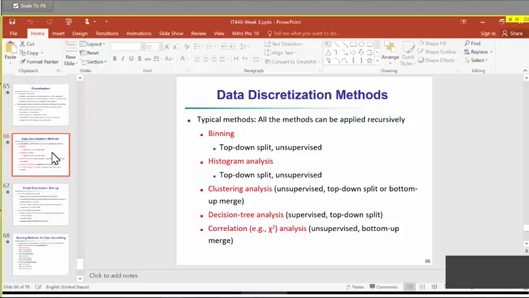Then we have clustering analysis, which is unsupervised, top-down split or bottom-up merge. Then we have decision tree-based analysis, which is supervised, and also top-down split. Then we can have correlation analysis or correlation tests, for example, the chi-square test. This type of discretization method is also unsupervised, and it is a bottom-up merge.